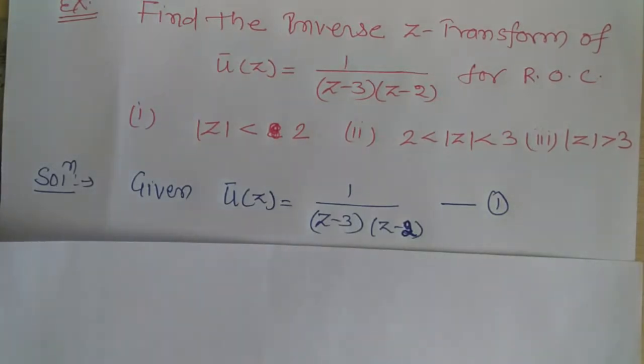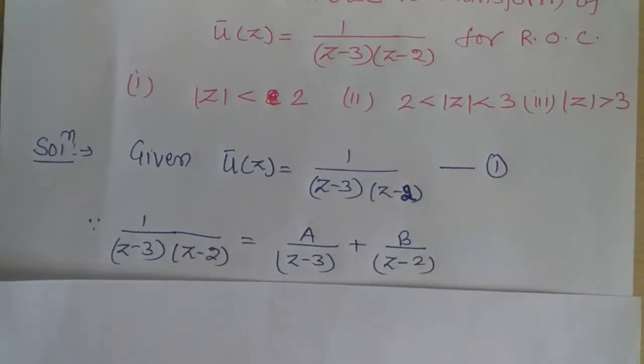First we apply the partial fraction technique on U bar z. The partial fraction of 1 upon (z minus 3) into (z minus 2) is A upon z minus 3 plus B upon z minus 2. Now here we take LCM (z minus 3) into (z minus 2).